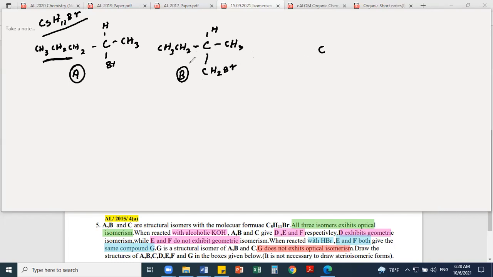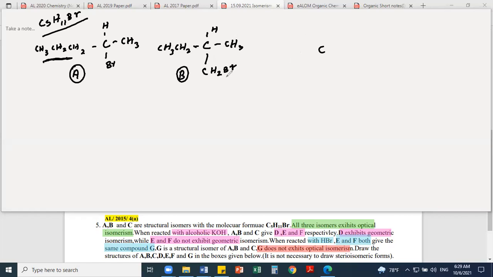If you want, you can make CH2 CH3, bromine, CH2Br, CH3 CH2. Optical activity, you can have it this way.